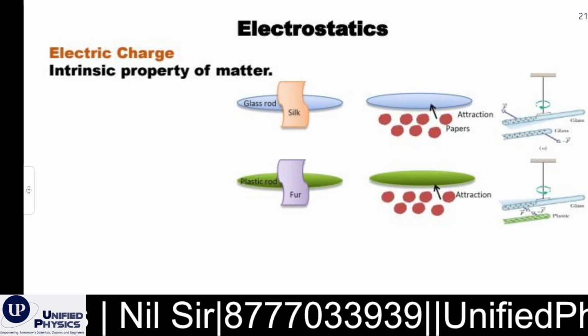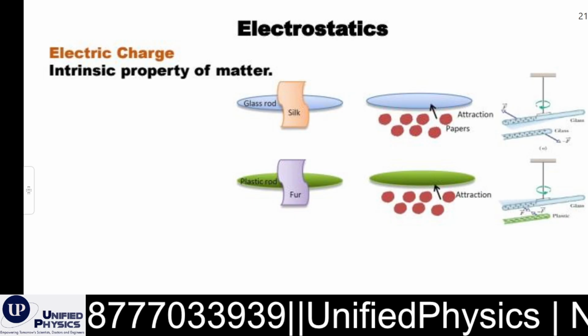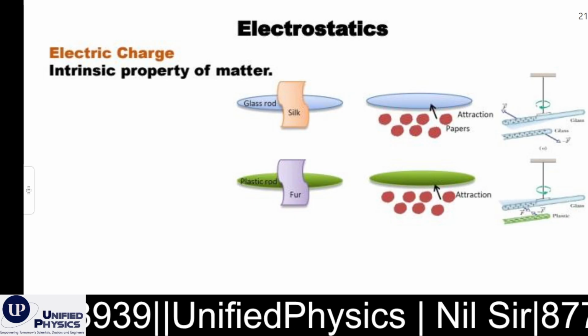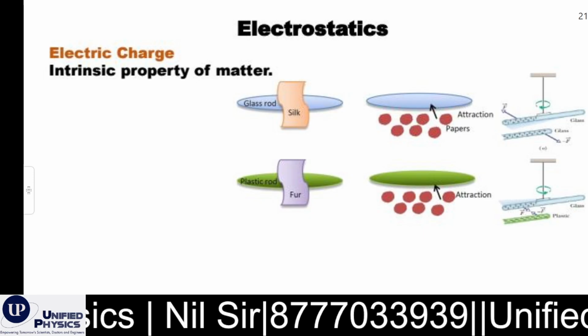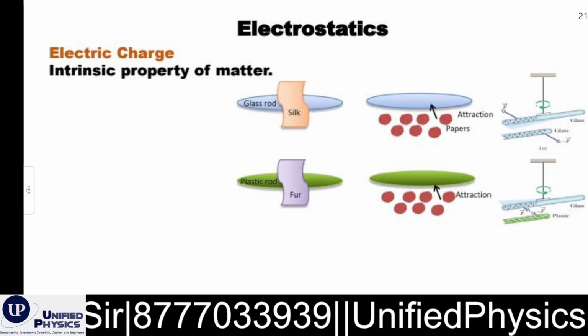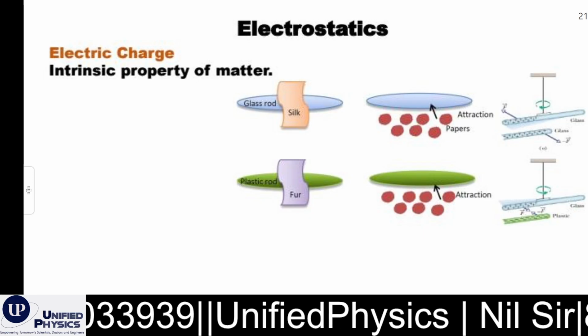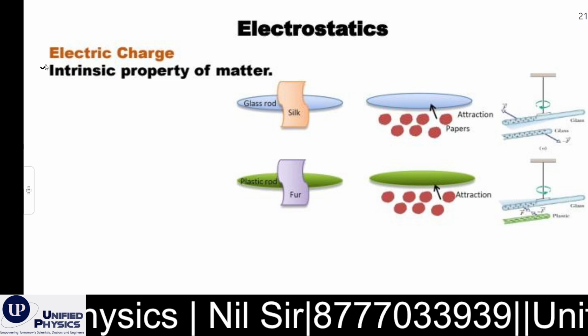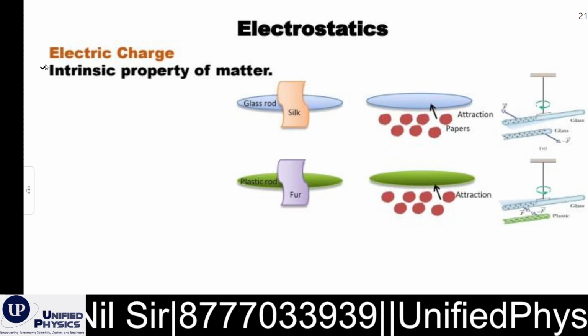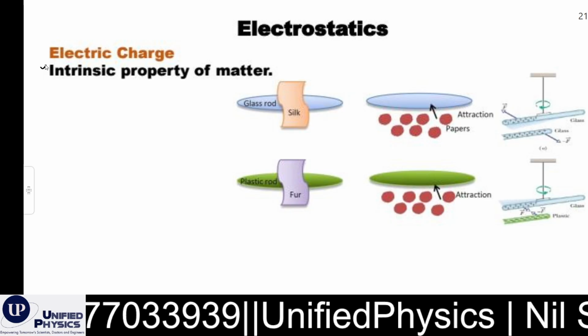Okay, so first question is, what is charge? What is an electric charge? Do you have any idea? So we can define the electric charge as an intrinsic property of matter. Okay, like mass. So what is mass? Mass is some intrinsic property of matter.